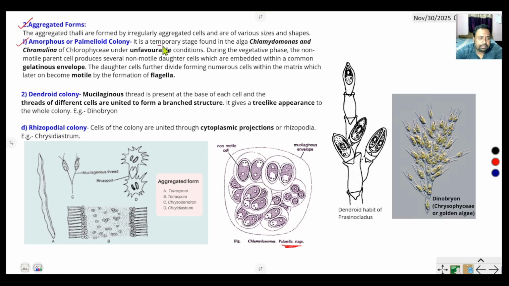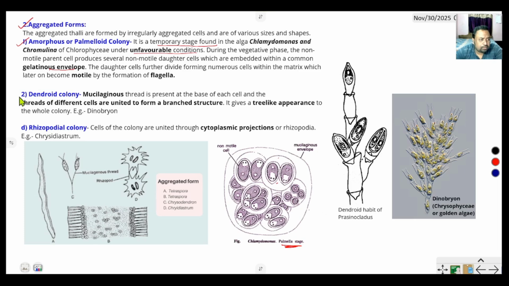It is a temporary stage only during unfavorable conditions, as in Chlamydomonas and Chlorella. During the vegetative phase, the non-motile parent cell produces many cells, and the daughter cells also produce several cells, covered by a gelatinous envelope. During favorable conditions, they form flagella and move.